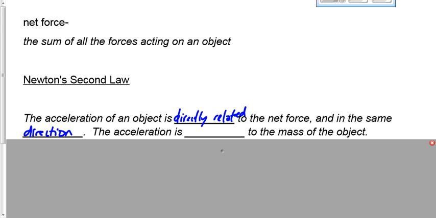Now, how is the acceleration dependent upon mass? The more mass something has, the more inertia it has, right? Listen carefully: the more mass something has, the more inertia it has. The more inertia it has, the harder it is to change its motion. So, the more mass something has, the harder it is to change its motion. Would that be a higher or lower acceleration?